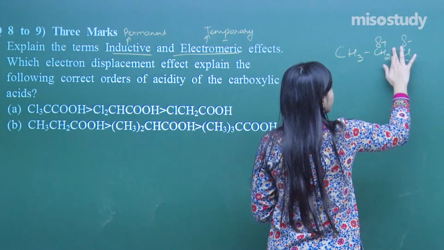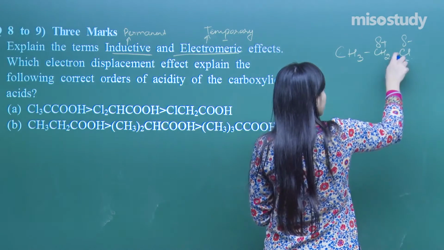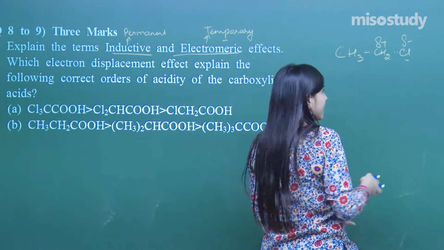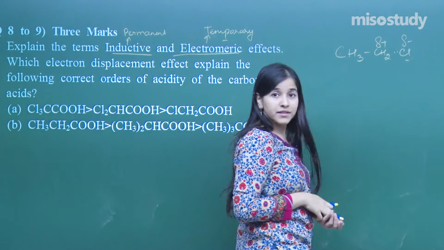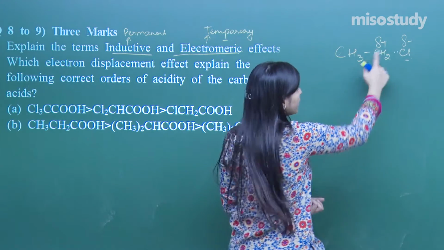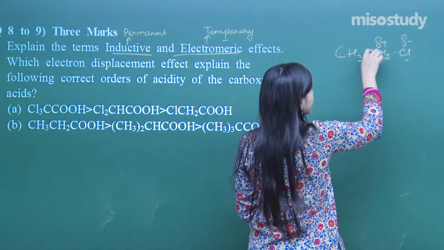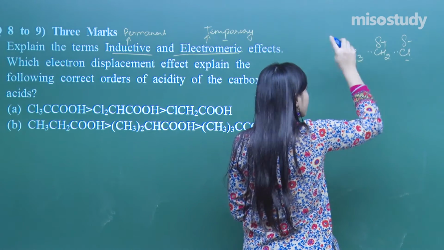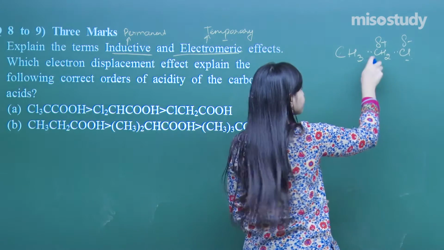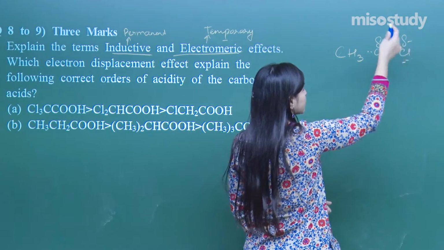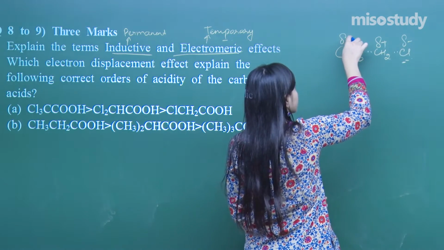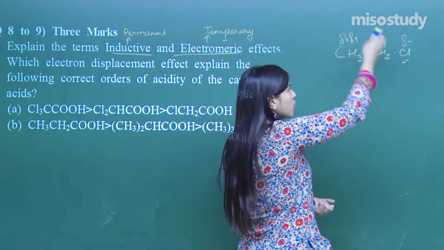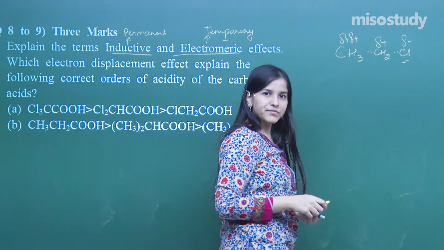These electrons slightly shift towards chlorine, and this carbon becomes positive, thereby again withdrawing these electrons towards itself, but not that much, right. The power will not be that much as in the case of Cl, so the charge developed will be slightly less, fine.